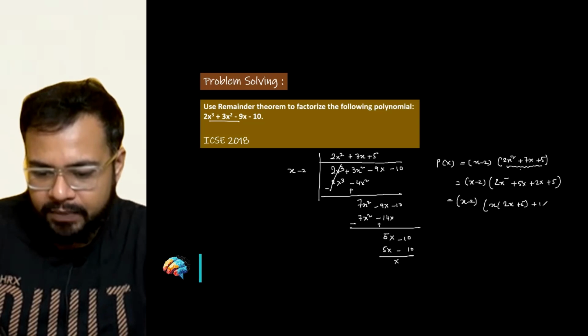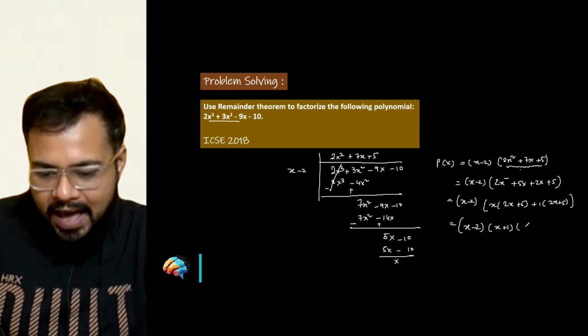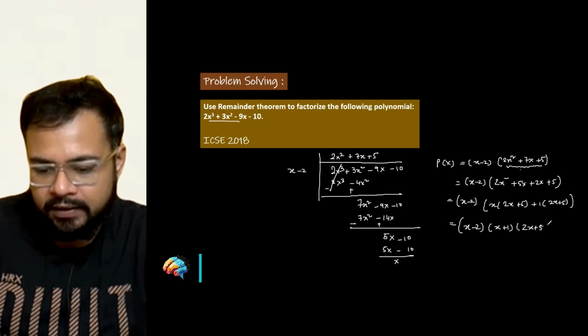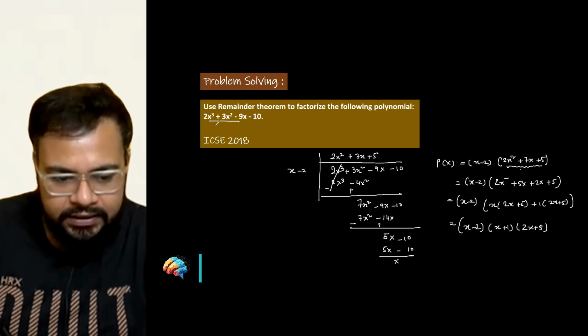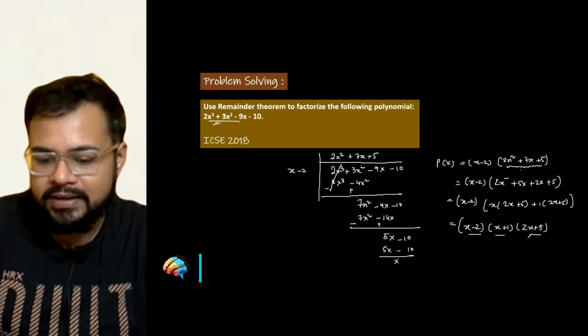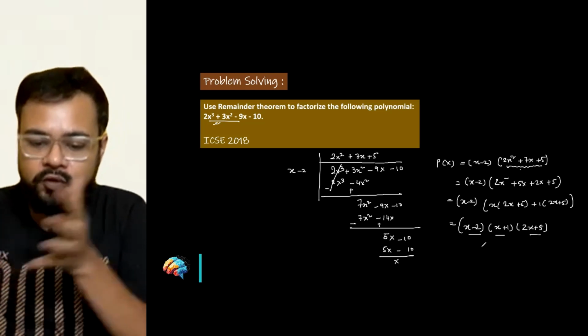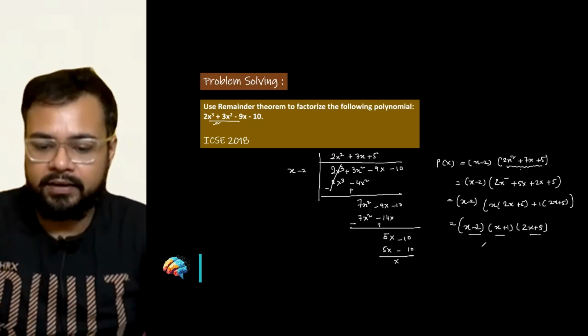And then you can take plus 1 common, that will give you a 2x plus 5 again. So x minus 2, you get x plus 1 and 2x plus 5. Notice that this was a degree 3 polynomial, and here also we are getting a product of 3 linear polynomials. So this is now completely factorized.